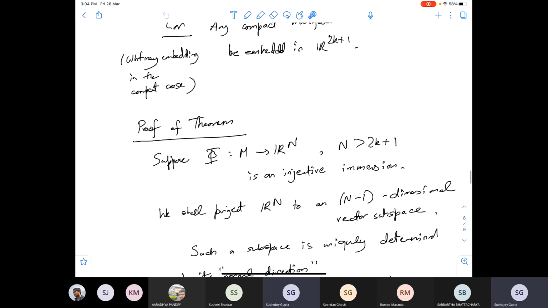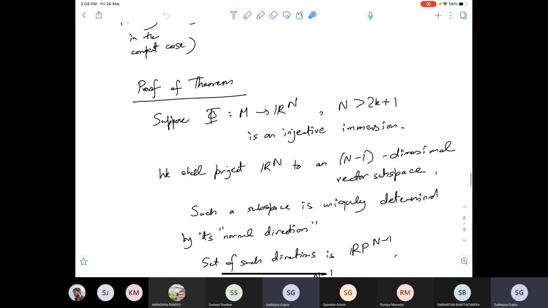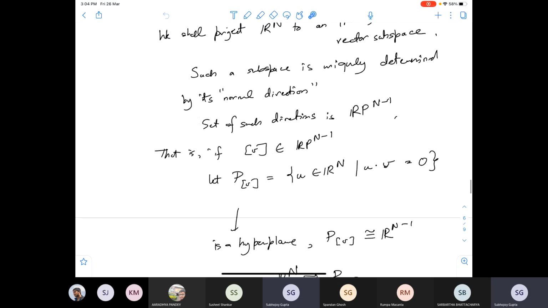Well, the idea was if you have some immersion phi from M to Rn, then you post-compose it with a projection to some hyperplane. This hyperplane was like pi of v. It's determined by a choice of a direction in Rn, so that's a point in the real projective space.